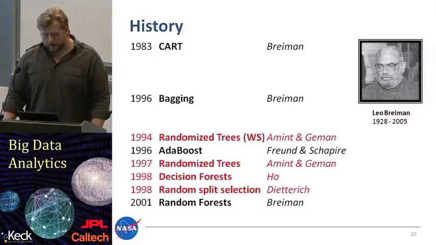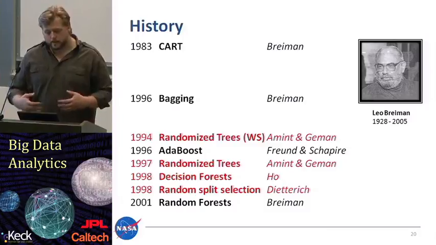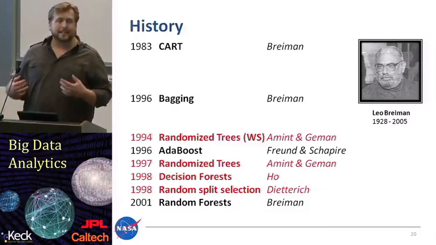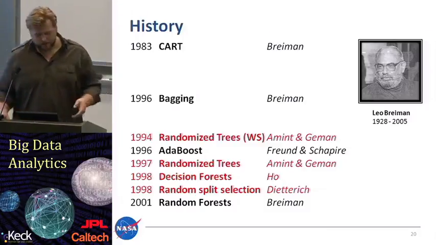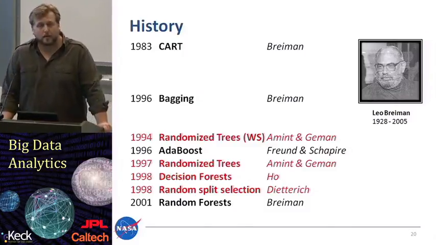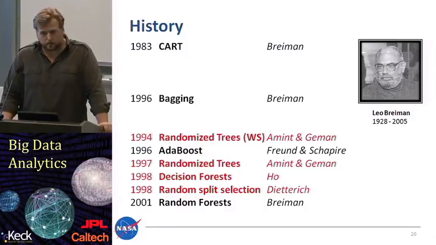In parallel to that, Ho published decision forests, and Dietterich published on random split selection. That was a time where these ideas came up and fell on fertile ground and significantly influenced machine learning and statistical research in the years after that.